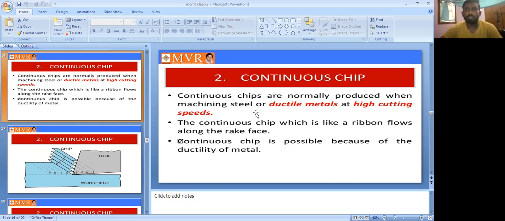The continuous chip is like a ribbon that flows along the rake face. One of the main important points about continuous chips is that this ribbon flows very fast along the rake face. The continuous chip is possible because of the ductility of the material.